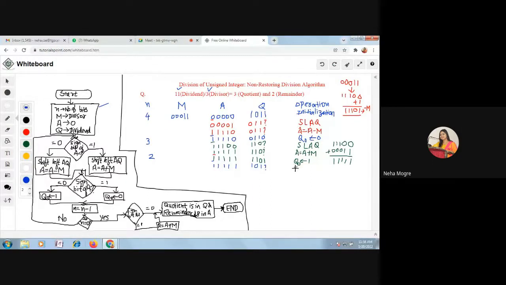Shift left AQ. Now add A with M and store the result in A. So your A is all ones.